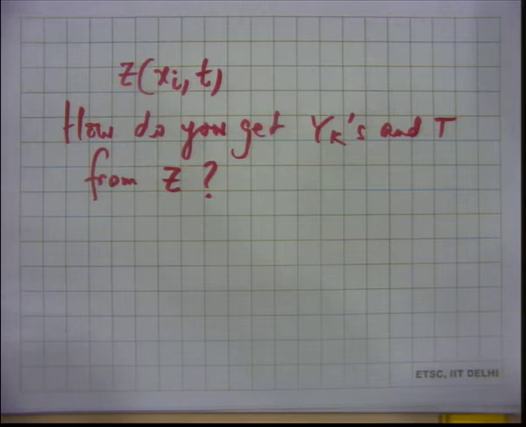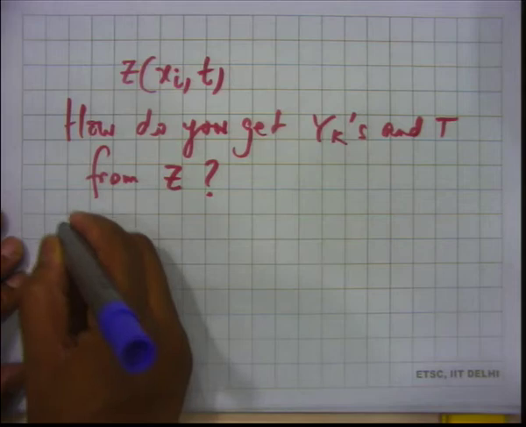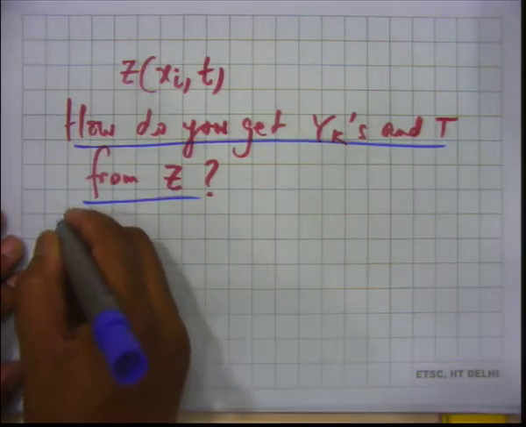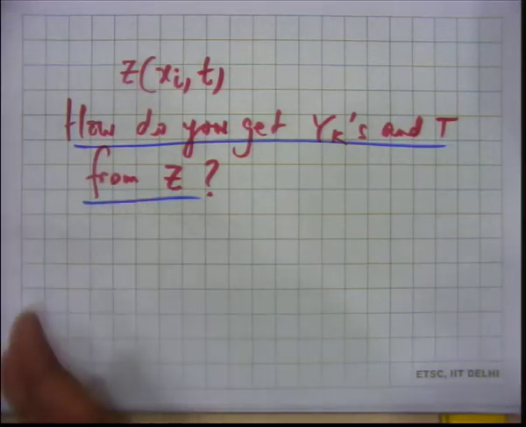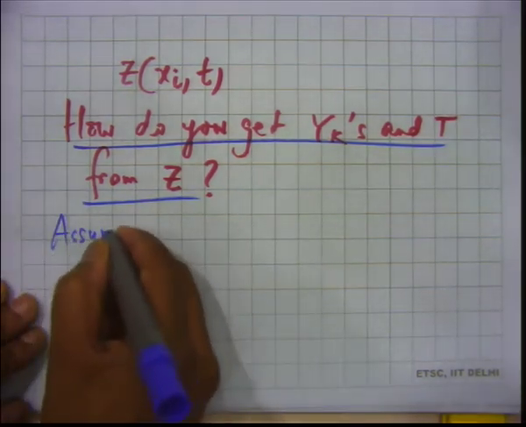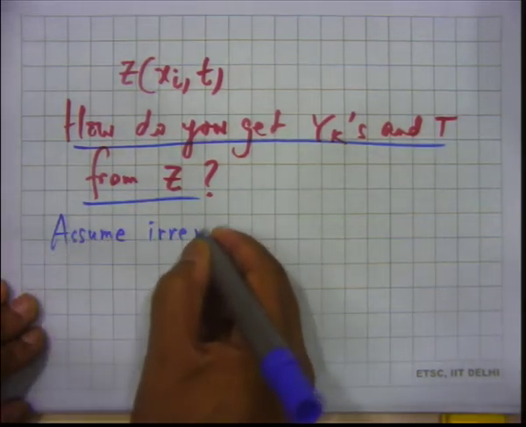To do that, we will take a case where the chemistry is infinitely fast, irreversible infinitely fast chemistry. This is the assumption we are making, but it will be an easy thing to do.